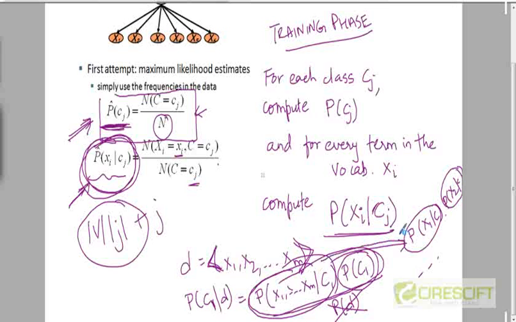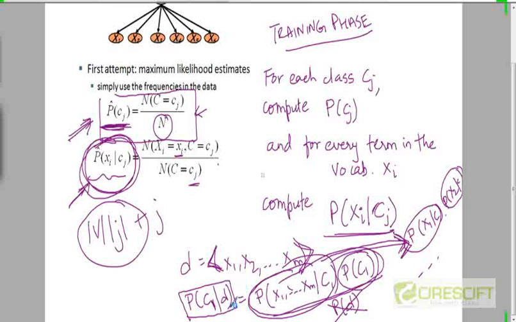Oh, so you're asking why we can make this naive assumption without things getting screwed up? So what I said was, if you were actually interested in estimating the value of P of C1 given D, then the value that you would get by making this naive assumption will be inaccurate, because this assumption is generally not true, as we saw for the word Hong Kong.